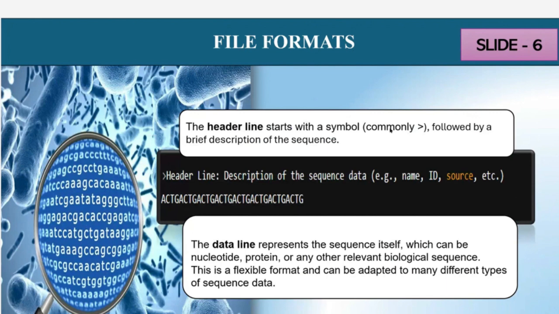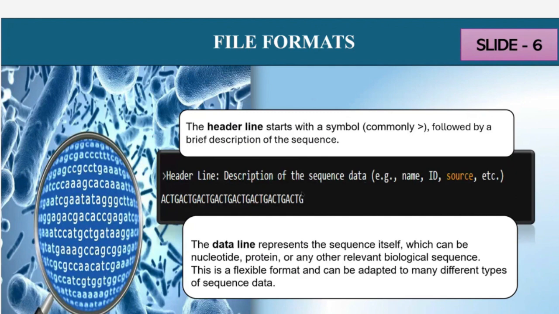That means it is referred to as an identifier, followed by a brief description of the sequence. It may be its name, ID, source, etc. And in the second line, it will be the data, which may be nucleotide, protein or any other relevant biological sequences. So this is a common format of file formats.